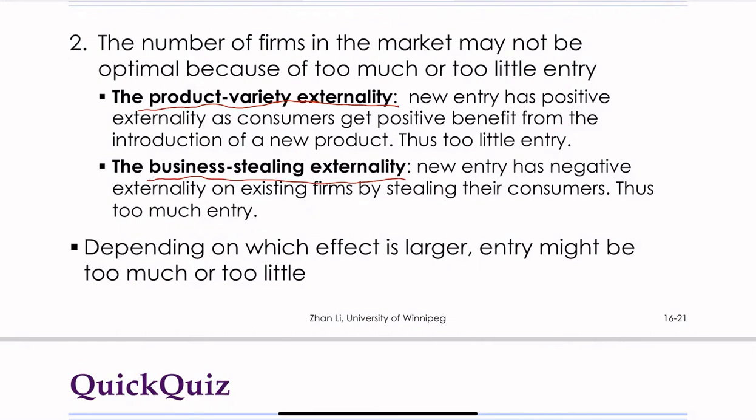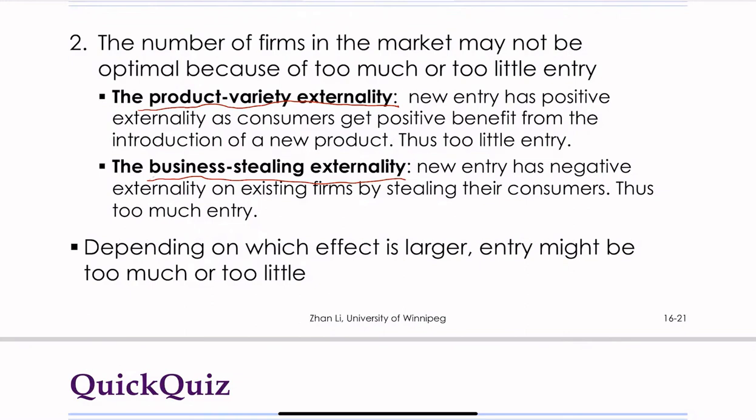Then there is the competing externality, which is called the business stealing externality. It basically means that if a firm enters the market, it will put pressure on its competitors. So other firms will actually suffer. This implies that new entry has negative externalities on existing firms, so there will be too much entry, right? Remember in the previous chapter when we talked about the pollution case, there is a negative externality from the aluminum factory, which pollutes the air.